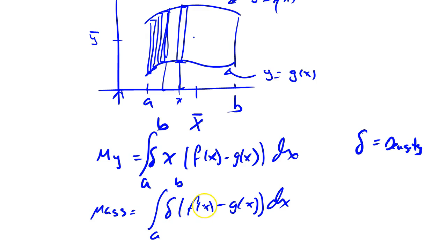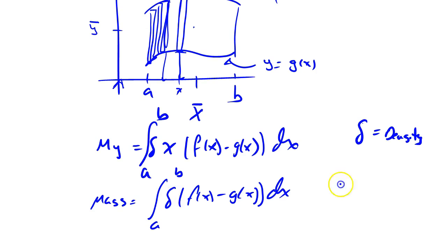If I didn't have the delta, I'd just be calculating the area, but delta is the density, so that changes the area into a mass or a weight, depending on whether it's mass density or weight density.